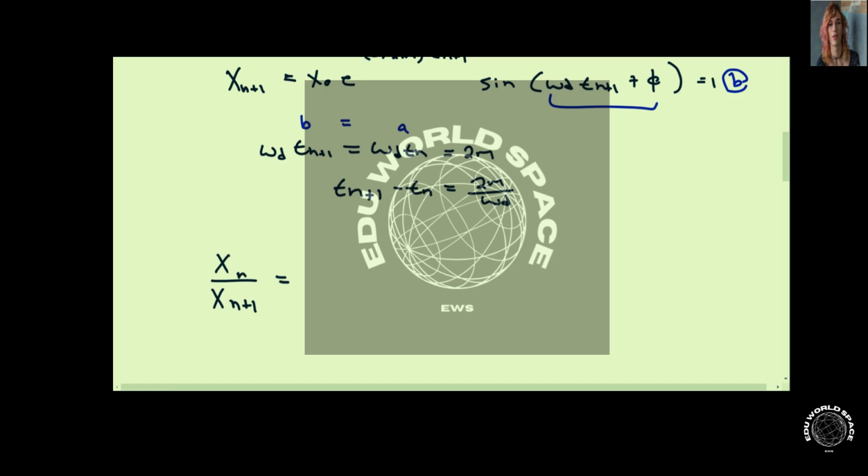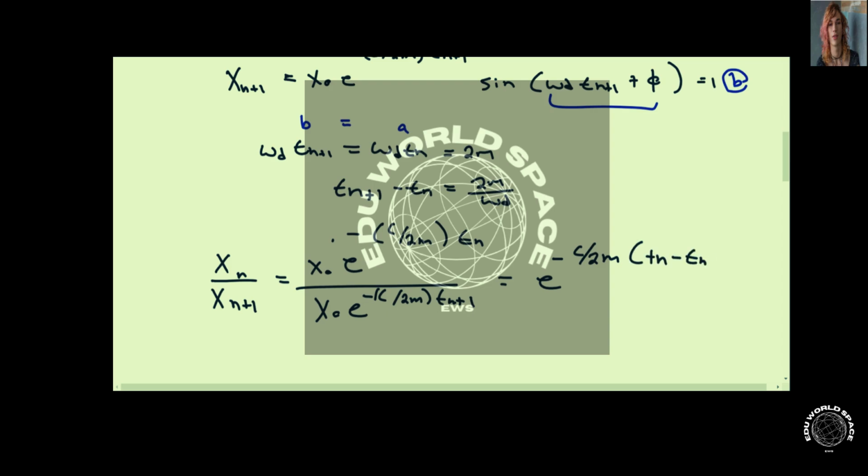So we have x naught times e to the minus c over 2m tn, divided by x naught e to the minus c over 2m tn plus 1. If we do this, we end up with e to the c over 2m times tn plus 1 minus tn, which we just solved from here.